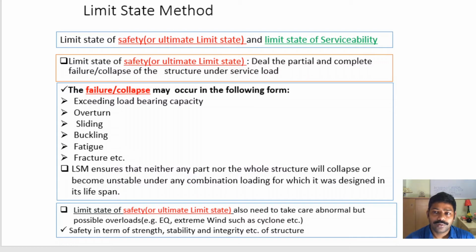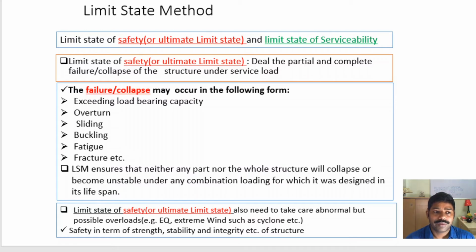The failure may occur for the following reasons: exceeding the load bearing capacity, the structure may overturn, there can be sliding if the bounding condition is not proper, and there can be buckling, fatigue, fracture.